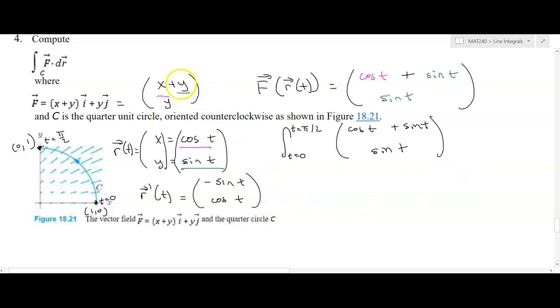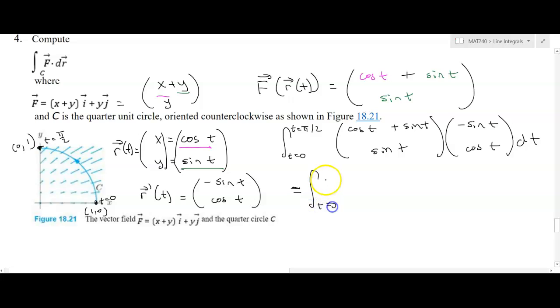And so once we have everything expressed in terms of t for our force vector, and we have r prime of t, this is going to be a dot product between these two things. So this is where we're going to get a scalar, and then integrate that dt. So this is what we call vector calculus. We're doing calculus on vectors.